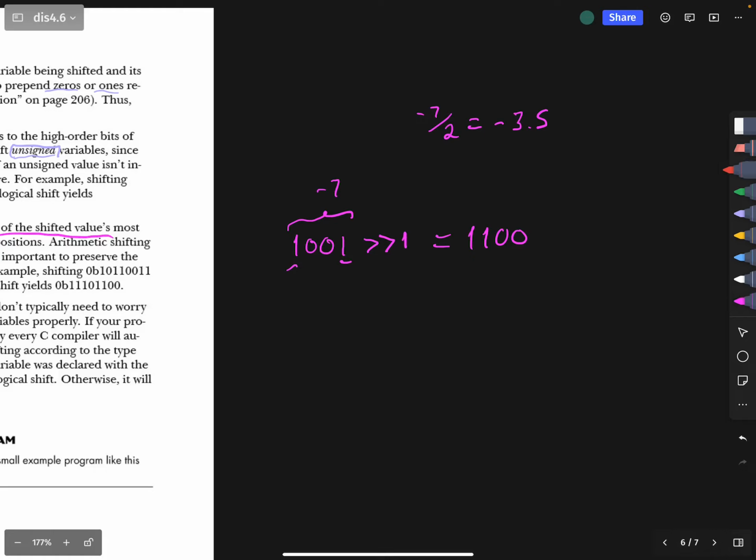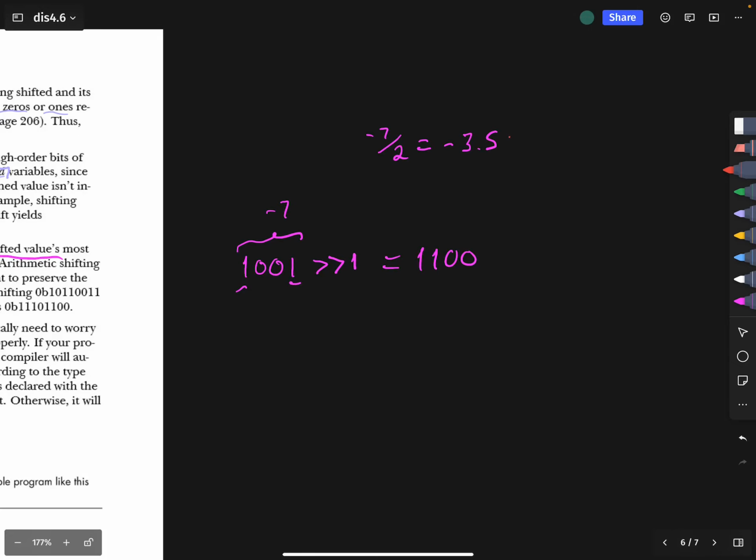But does that turn this into -3? No. Just think of it as a matter of consistency: when we divide by 2, we should round down. But is -3 down from -3.5? No, -3 is up from -3.5.